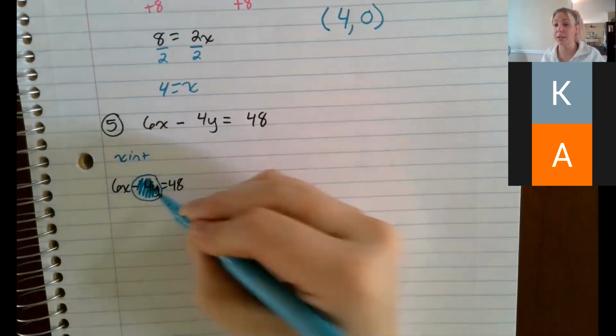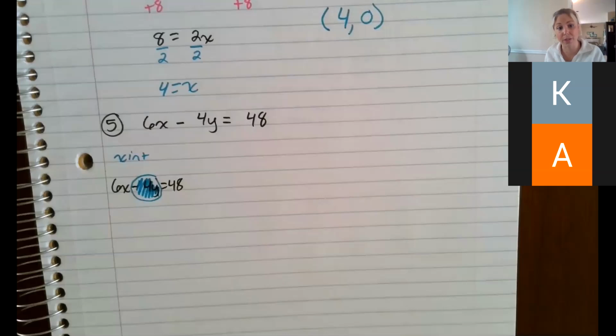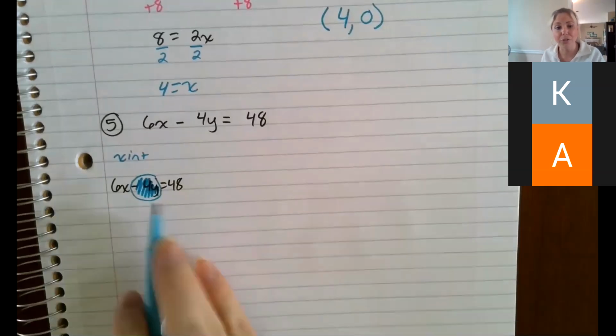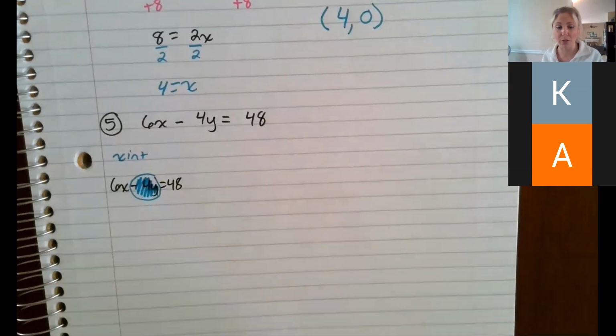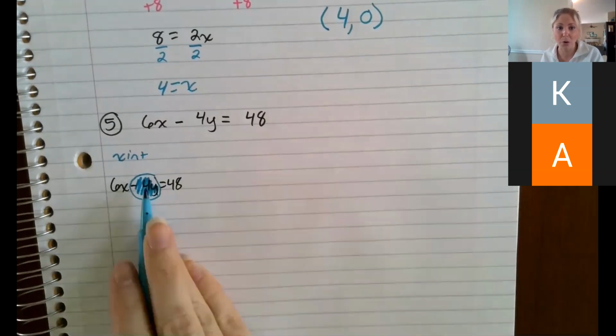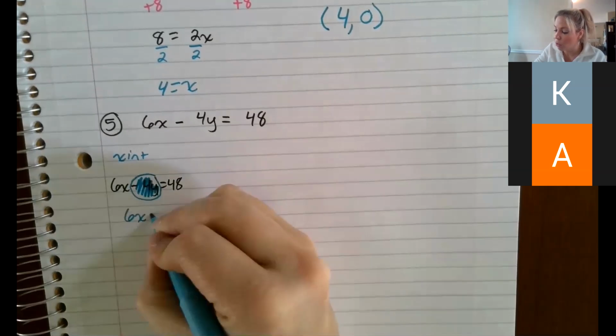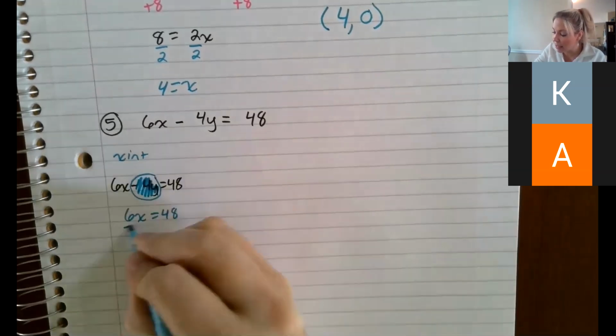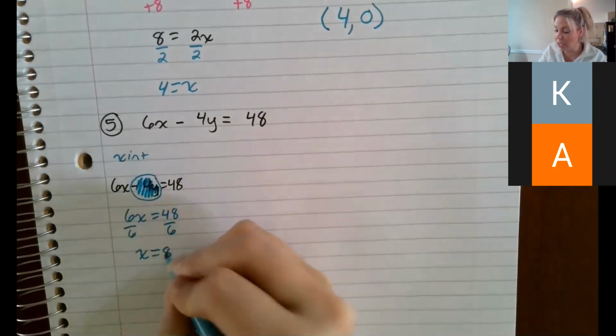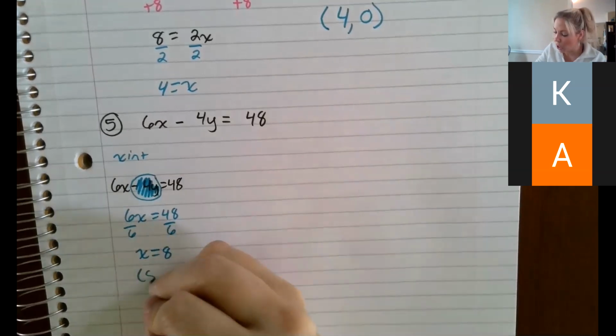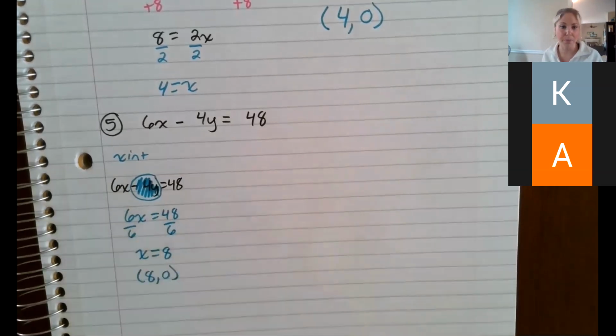The y value is completely gone because y is equal to 0. And if you multiply 0 by any number, it's just going to give you 0. So it's as if that didn't exist anymore. So you're now left with 6x is equal to 48. You would just divide both sides by 6 and find that x is equal to 8. So your x-intercept is 8, 0.